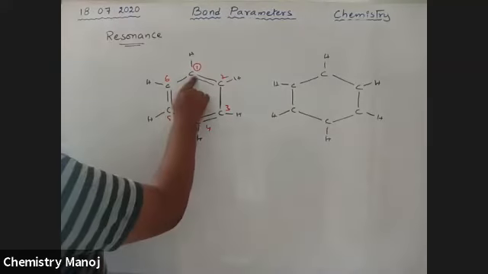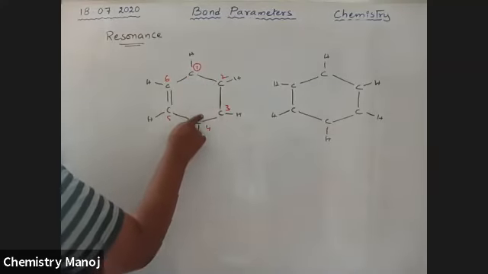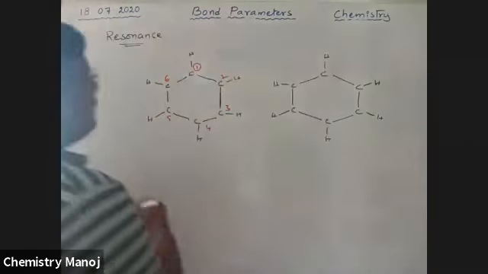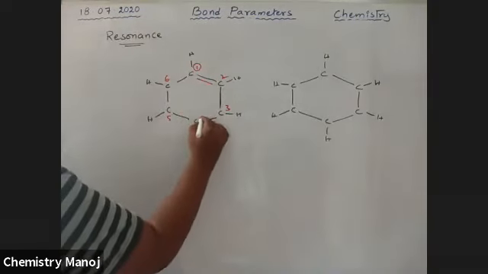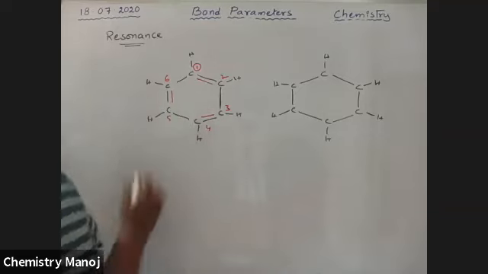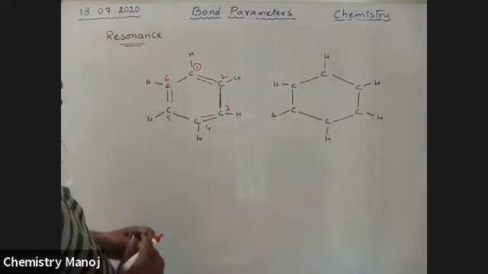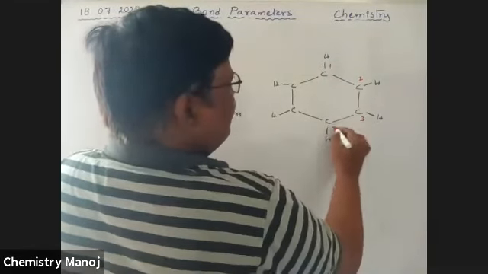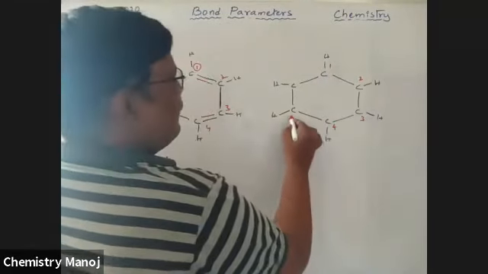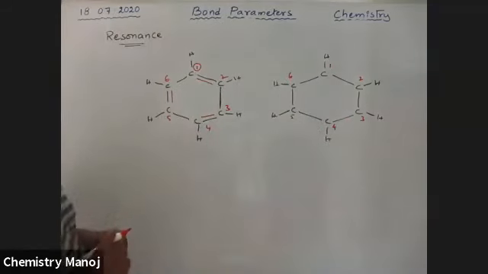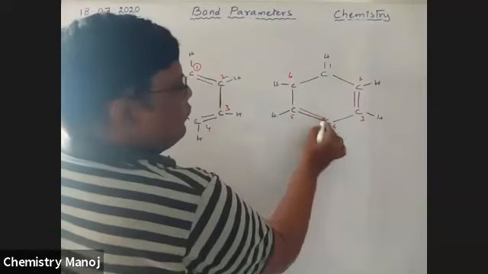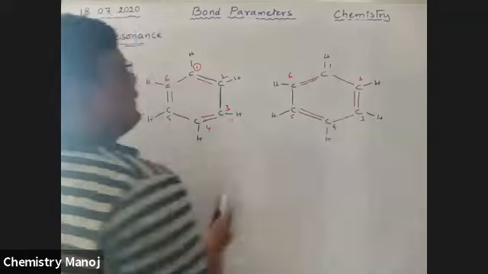See, boys, I am writing these pi bonds with this red pen. These are the pi bonds. Now, these are the numbers 1, 2, 3, 4, 5, 6, the 6 carbons. Now, the pi bonds are present between 2 and 3, 4 and 5, 6 and 1.